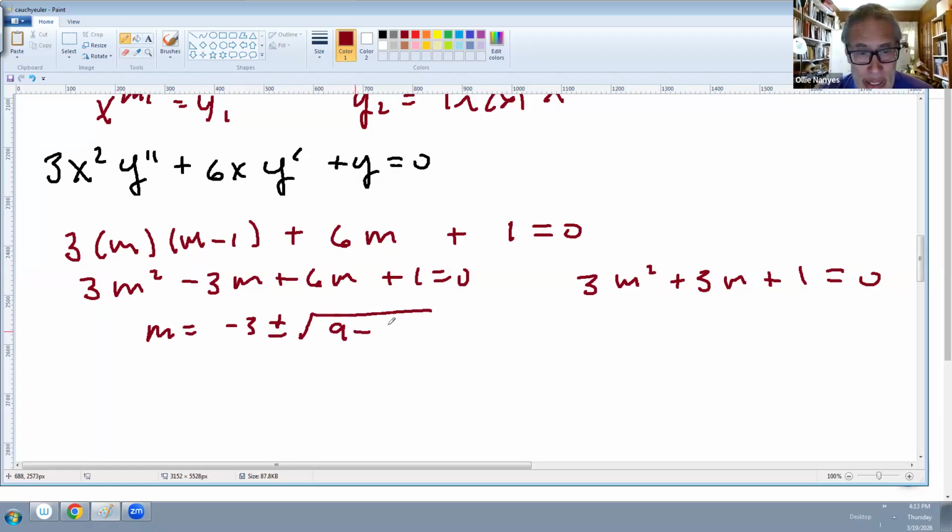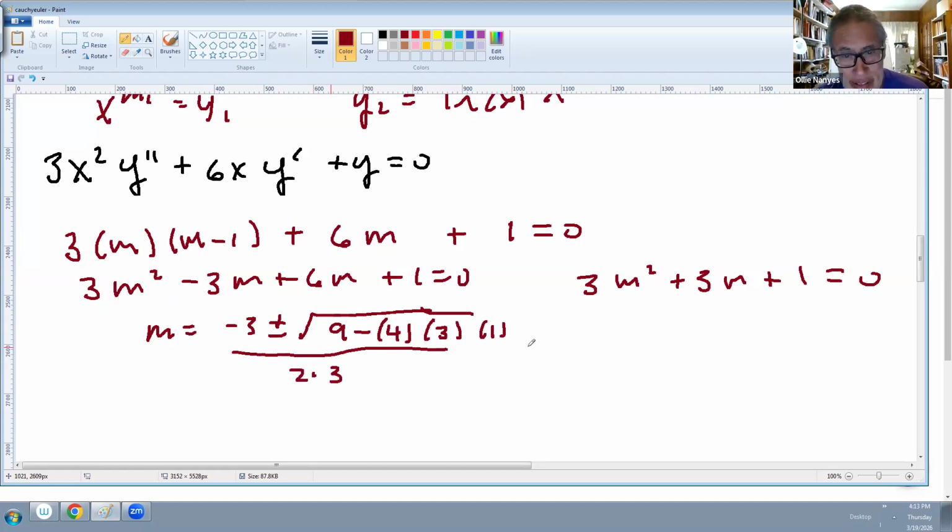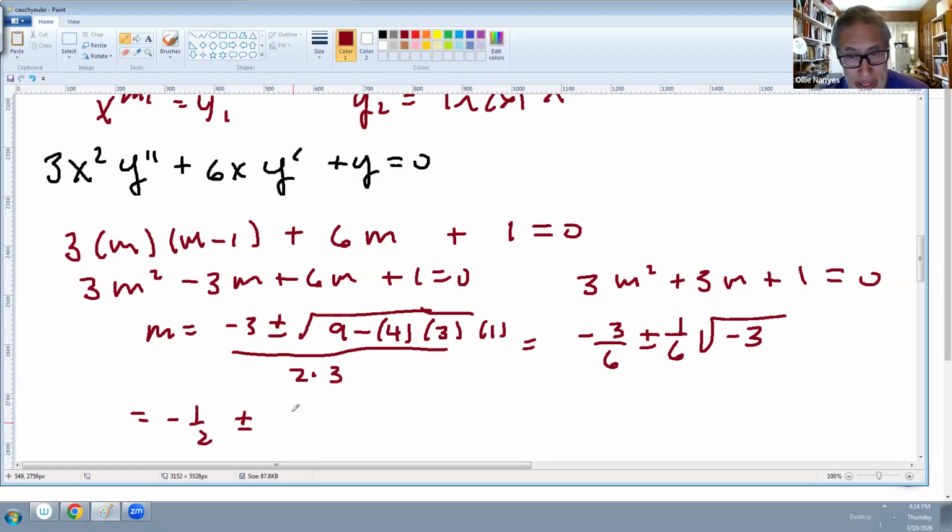That's 9 minus 4 times a, that's a 3, times a 1. That's going to be 2a, that's going to be 2 times 3. So I get a minus 3 over 6 plus or minus 1/6. That's going to be 9 minus 12. 9 minus 12 is minus 3. And so what we get is minus 1/2 plus or minus 1/6 square root of 3 i.